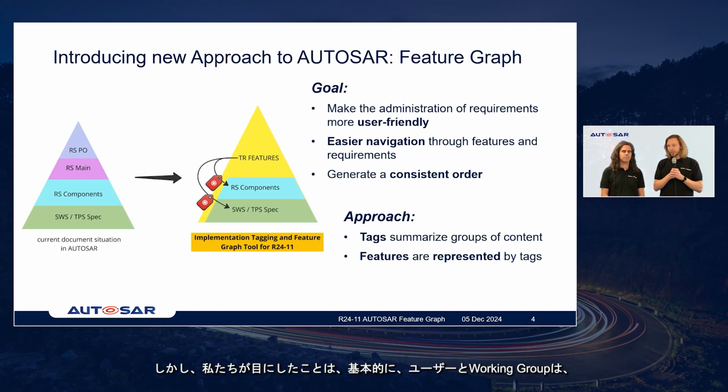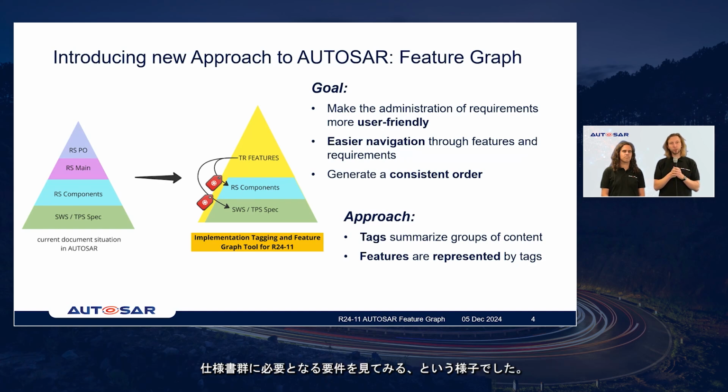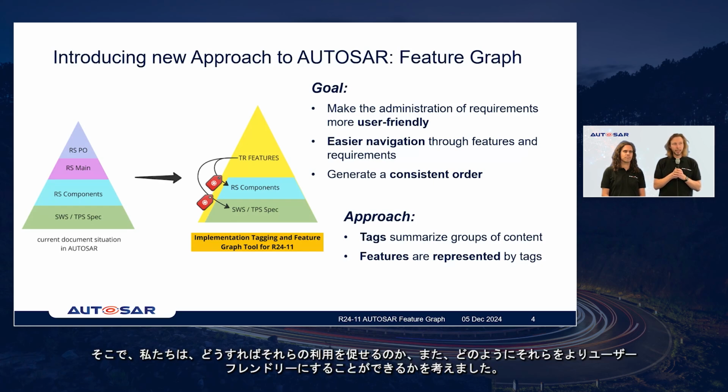But what we witnessed was that the users and the working groups use the specification layer, where you have your software specifications, and then maybe look at the requirements you need for the specifications. The abstraction levels above that were not really used by the users or the working groups. So we thought about how we can make it more user-friendly.